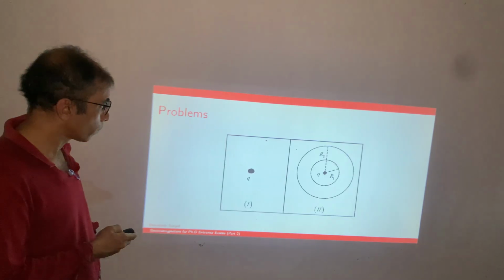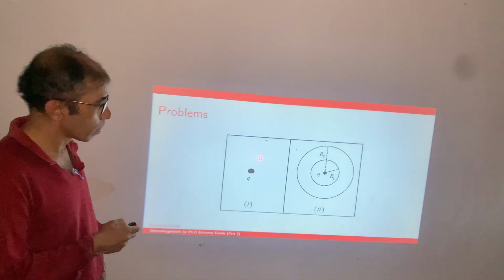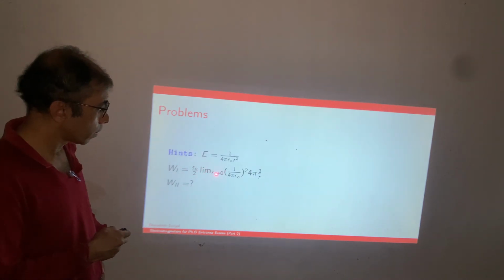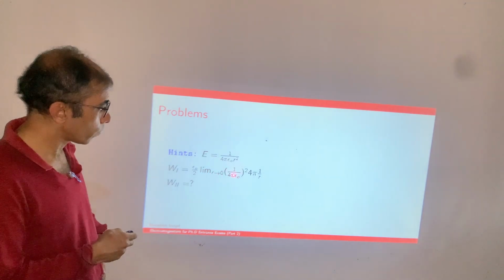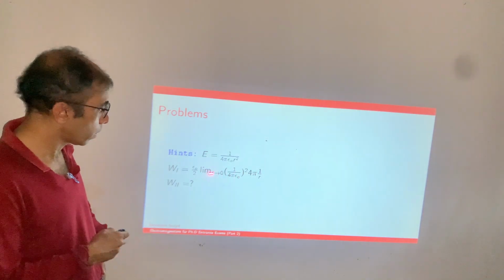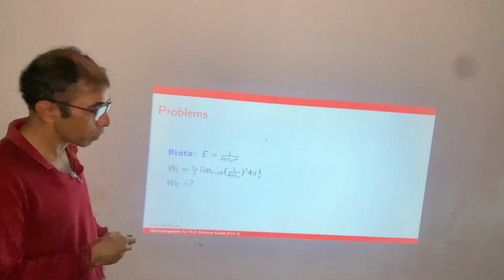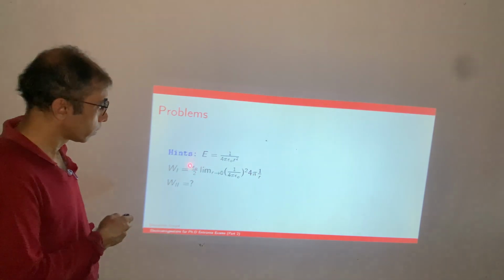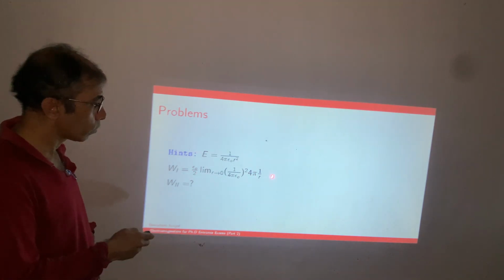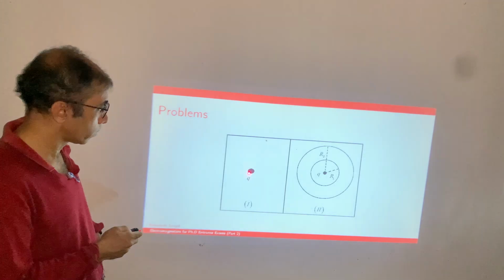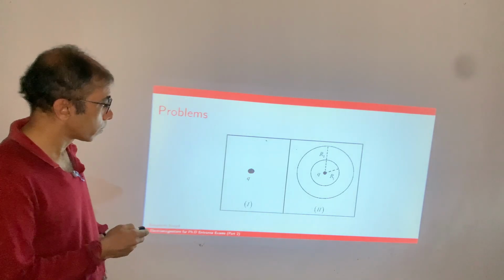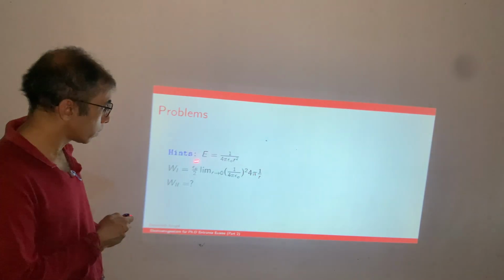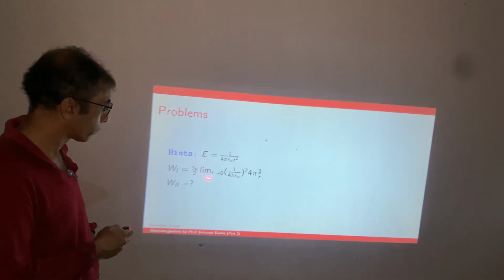So in the first case, if you do this integral, you will end up with this: limit r tending to 0, 1 by 4 pi epsilon naught, 4 pi by r, where r is tending to 0, because at the limit r tending to 0, the integral will look like this. And at r infinity, it will be 0. So this is W1.